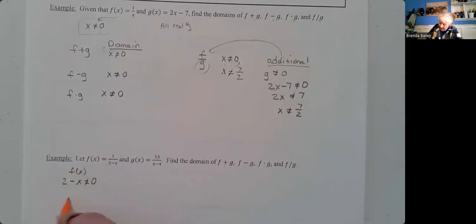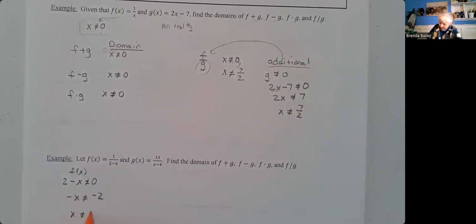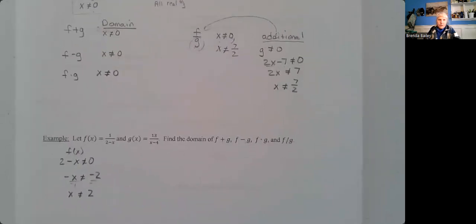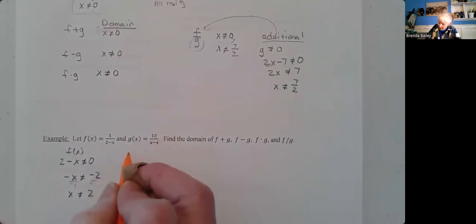So solving this, subtract 2, divide by negative 1, x cannot equal 2. So there's the domain: x cannot be 2. Let's go to g of x here. What's the domain of g of x?